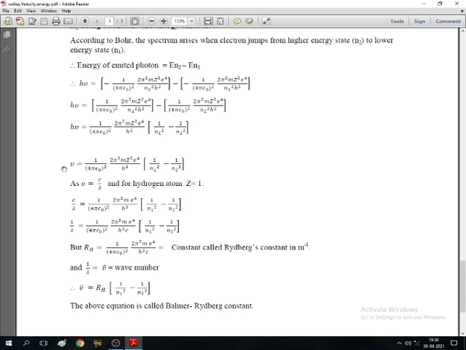Now this frequency is given by nu is equal to c upon lambda, where c is the velocity of light and lambda is the wavelength, and for hydrogen z is equal to 1.